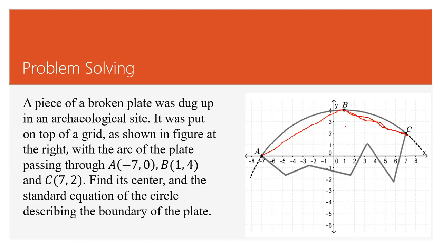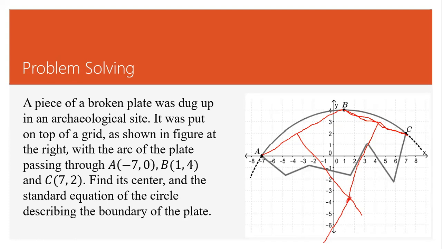So what we shall do is identify the bisector lines of these points, because the bisector line of points A and B and points B and C will always pass through the center.